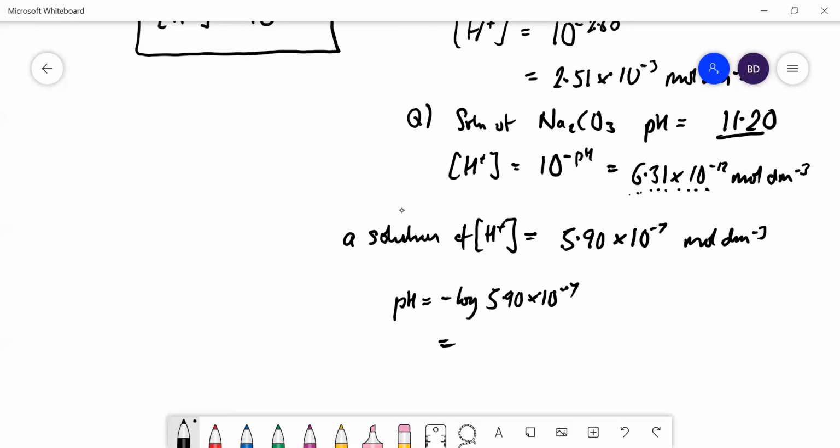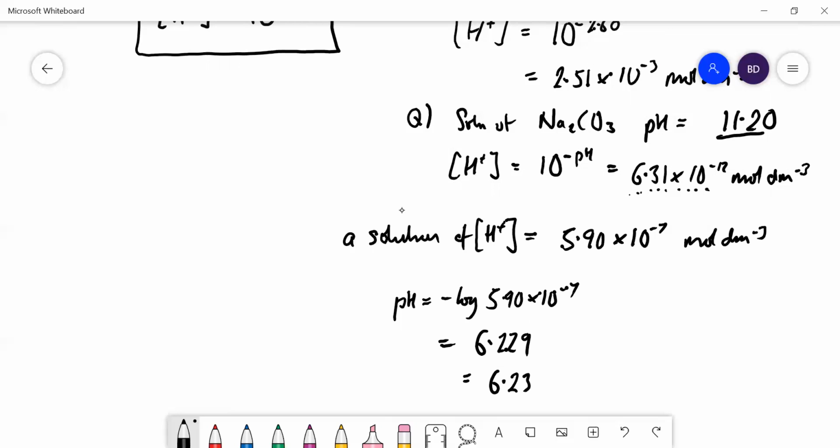You can put the minus in first if you like. 5.9 times 10 to the minus 7. That's 6.229. We should always give it to 2 decimal places, so 6.23 is the pH. So you can see there at 25 degrees C, that solution would be ever so slightly acidic. Not much, but ever so slightly.